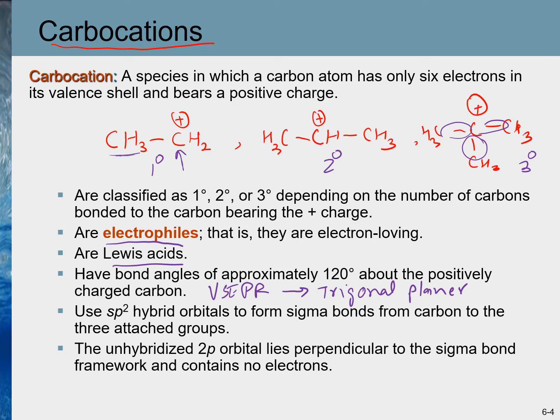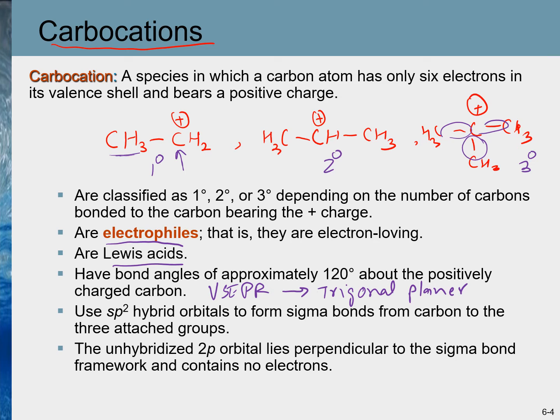The carbon with the carbocation has sp2 hybrid orbitals, and the unhybridized 2p orbital lies perpendicular to the sigma bond framework and it contains no electrons.